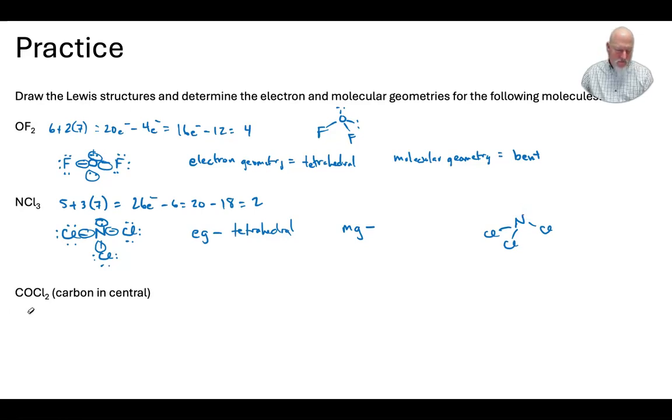Bring my pen back. And we're going to make those dots. Nice. Okay, so that's my structure. You can see that the bonds are down here. Kind of makes that trigonal pyramidal shape. So the molecular geometry is trigonal pyramidal.